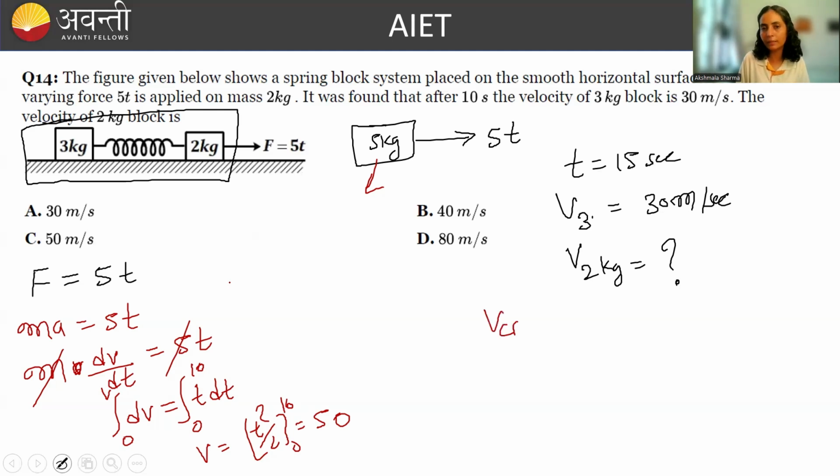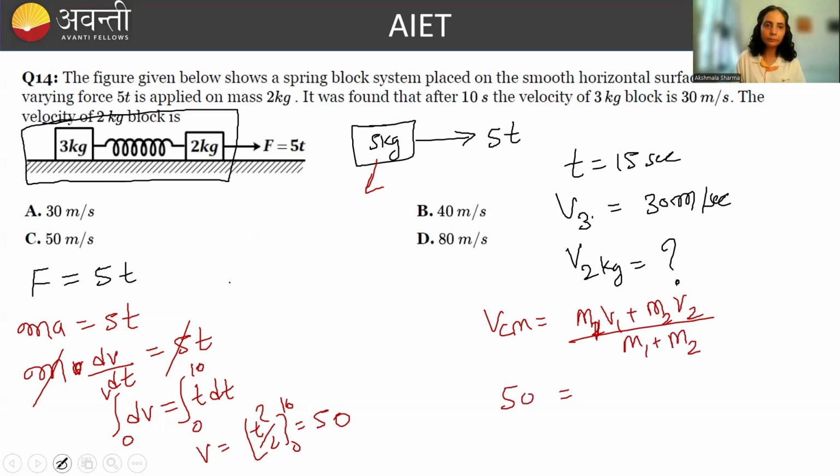Now use the formula. The formula is VCM equal to (M1 V1 plus M2 V2) divided by (M1 plus M2). VCM is 50. Let's say M1 is 3 kg. So 3 into the given velocity, 30, plus M2, which is 2, into V2. We don't know V2.